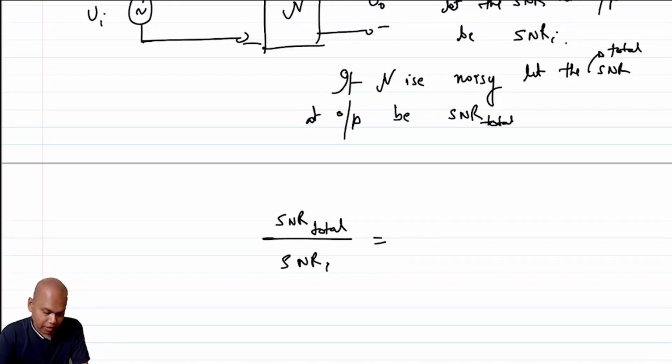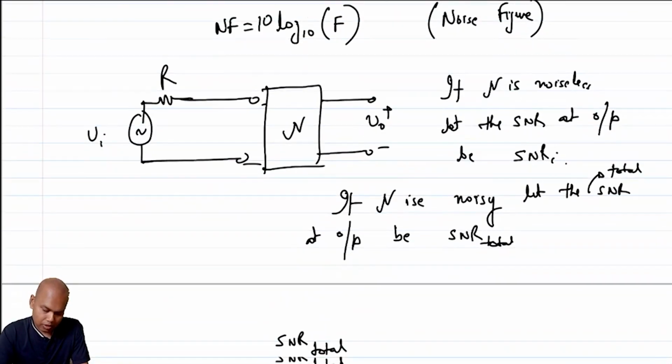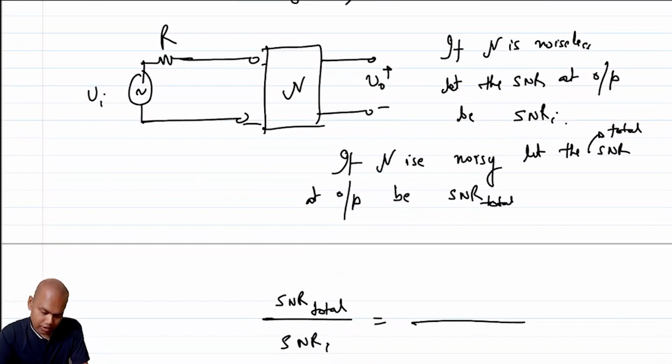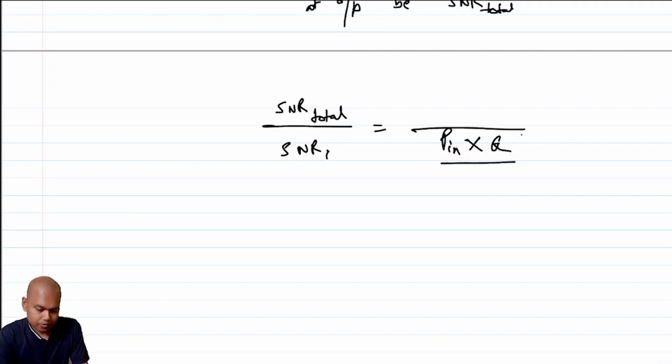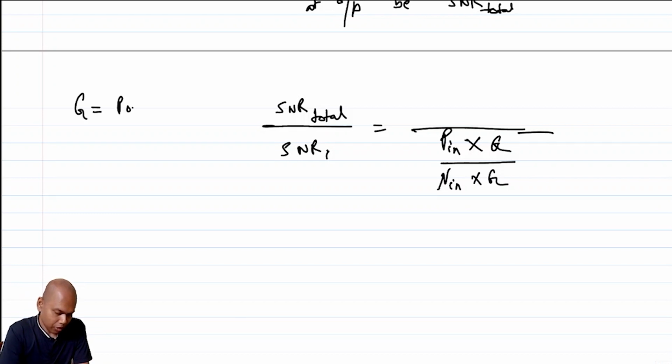So what is the SNR due to the input? The input signal power, let's say P in, multiplied by the gain, I'm talking about power gain here, divided by the noise due to the input, again multiplied by the gain. By the way, I should write the definition: G is equal to power gain.